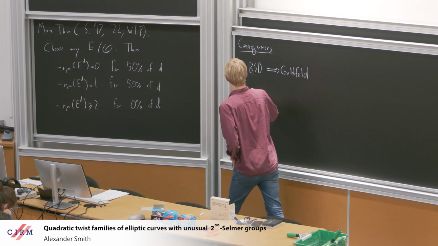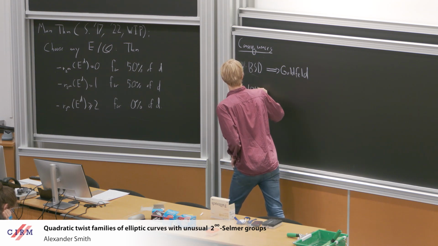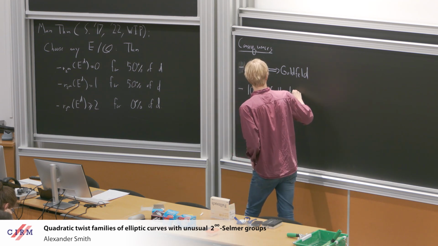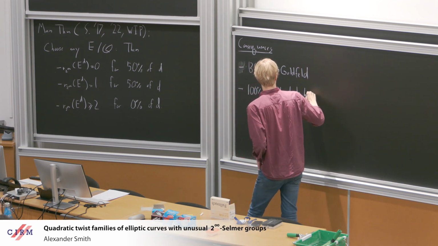Unconditionally, we can obviously say that 100% of the twists of any E have a rank less than or equal to 1.